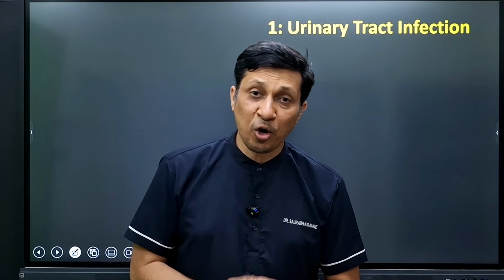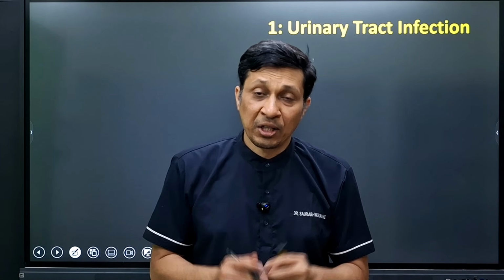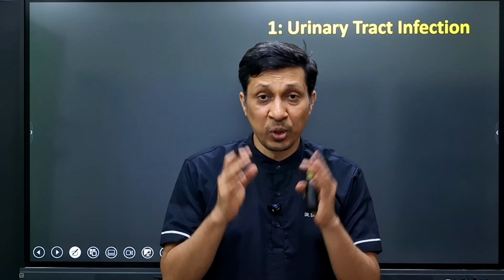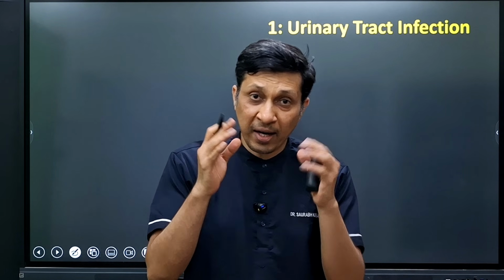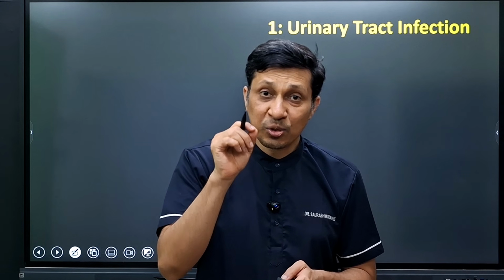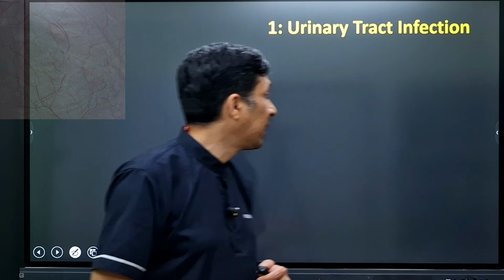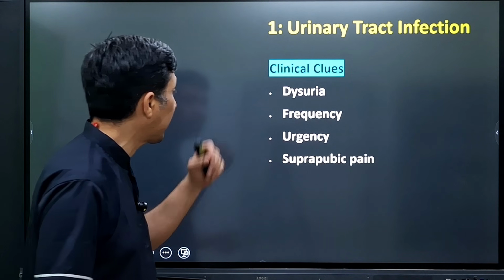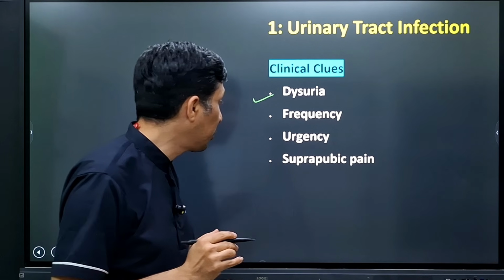Now the first and the common cause of hematuria is urinary tract infection. Now why is there hematuria in urinary tract infection? It is because of the inflammation of the bladder mucosa, which leads to the bleeding of the superficial blood vessels. And here the clinical clues are dysuria, that is, the patient complains of pain while passing urine.